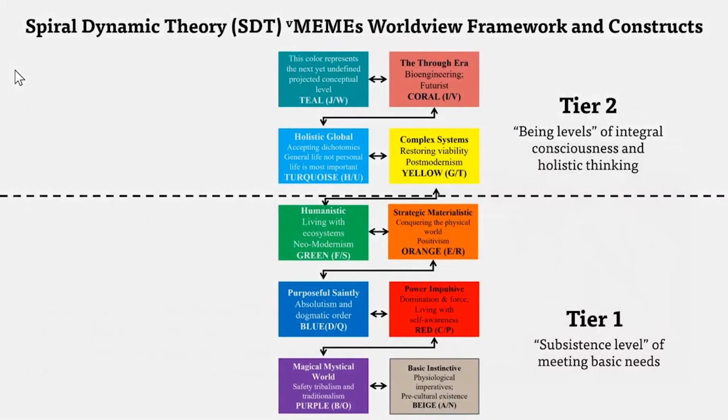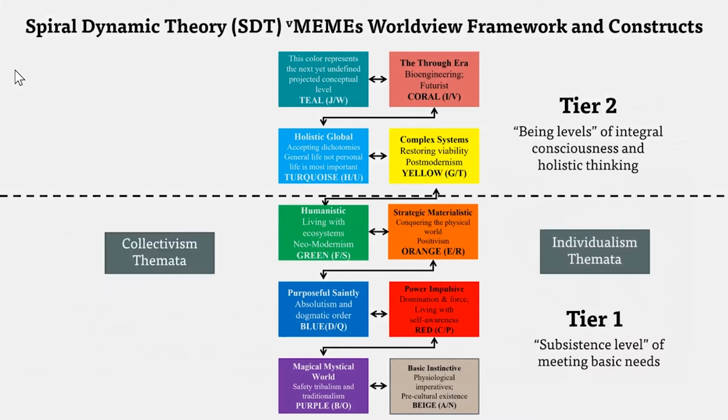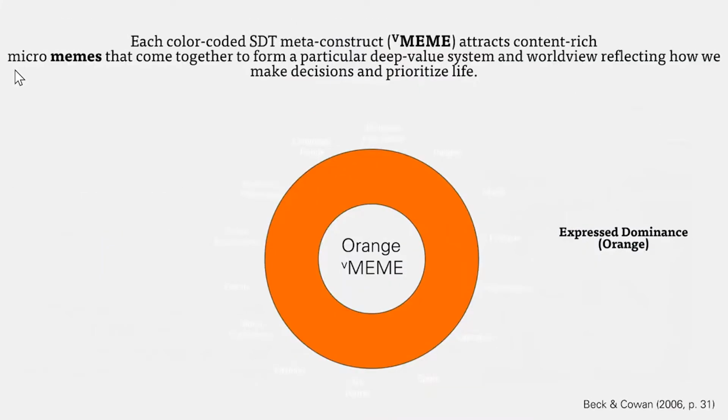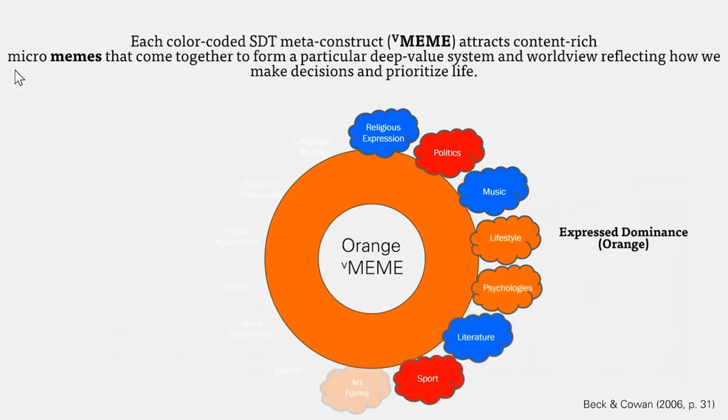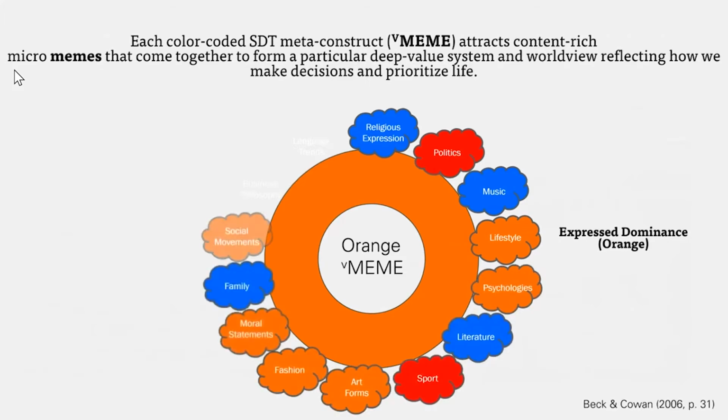So this is a framework. On the right side, you see individualism themes. On the left, more collectivist. And here's an example, kind of like a meta view of this orange dominant meme, where these little memes help to inform the ultimate, more dominant representation of the orange meme.